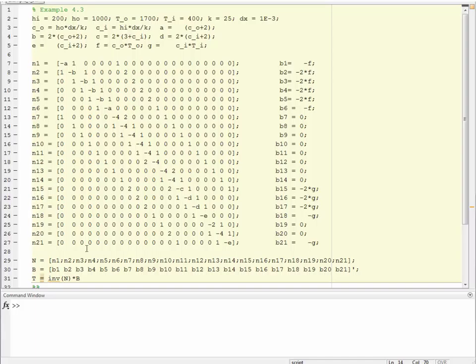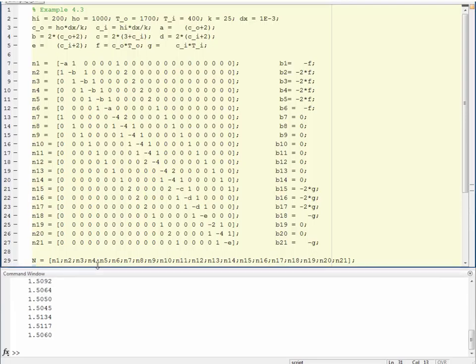Once you have all the rows, I set up the matrix by simply putting all the rows together. And then I set up the vector by putting all the components of each one of the nodes. Then I set up the solution of the temperature, simply the inverse of N times B. I'm going to execute this file, and this is the solution I get.